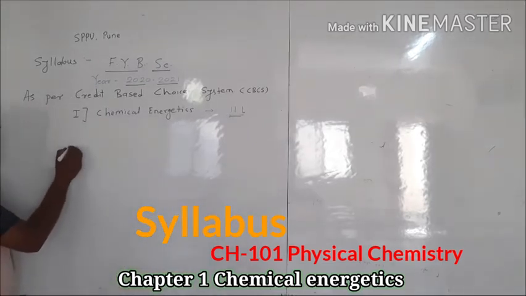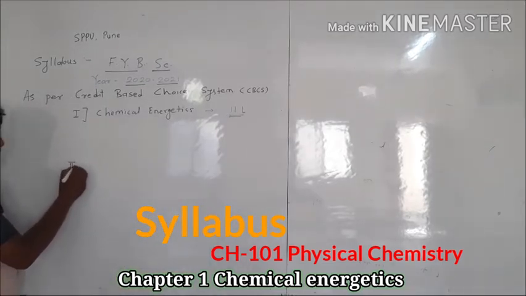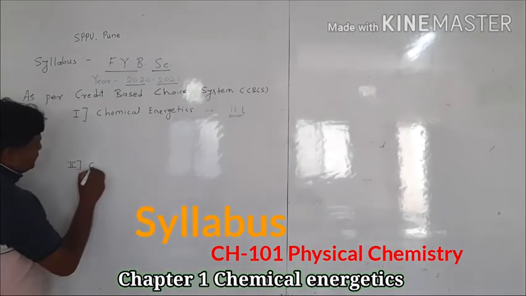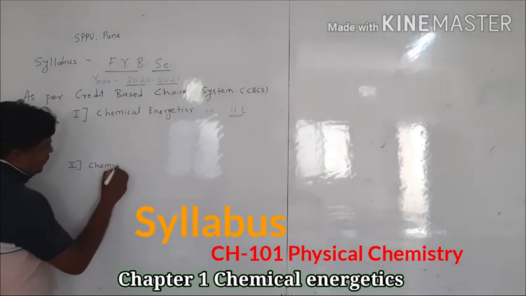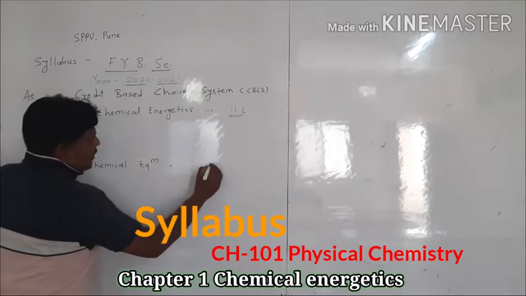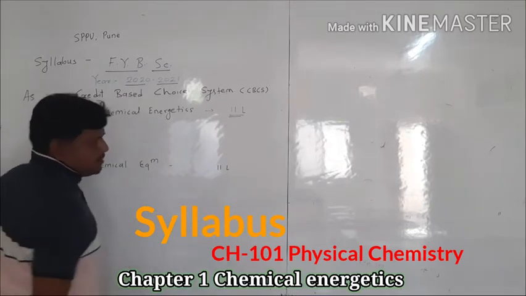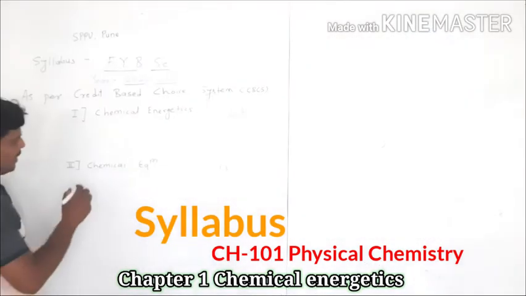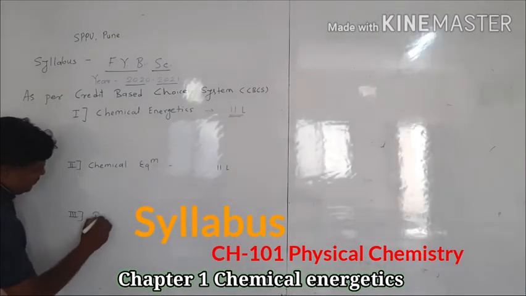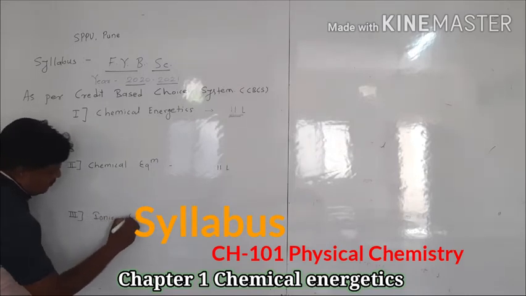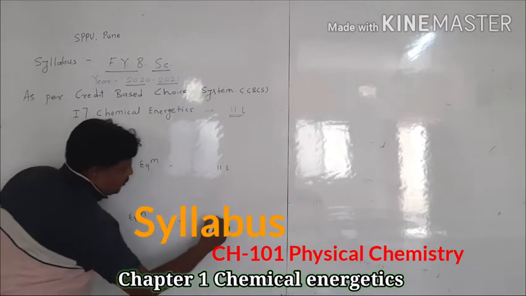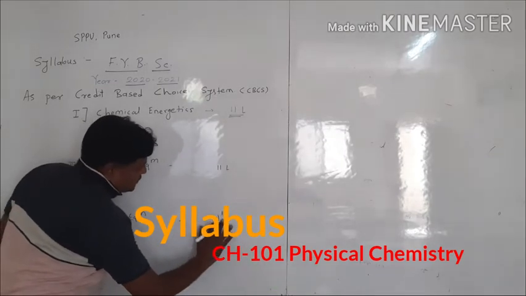Then the second chapter, chemical equilibrium, also has 11 lectures. Then ionic equilibrium, this is the last chapter, and it is of 14 lectures.